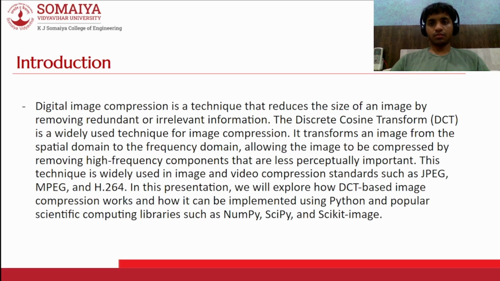It is a method that is used to decrease the size of an image by either removing redundant or irrelevant information. One of the most commonly used techniques for image compression is the DCT, or discrete cosine transform, which changes an image from the spatial domain to the frequency domain, allowing for the image to be compressed by removing high frequency components that are not important for human perception.